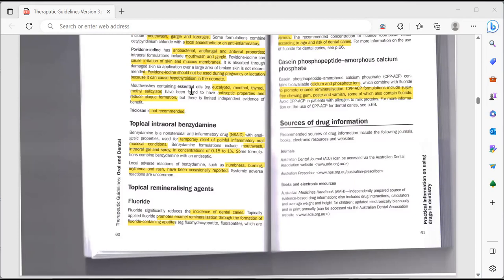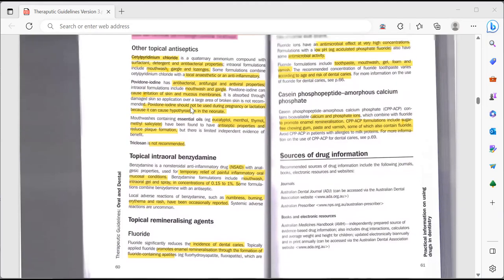Okay, mouthwashes containing essential oils like eucalyptus, menthol, thymol, methyl salicylate have been found to have antiseptic properties, and they also reduce plaque formation, but there is limited independent evidence of benefit. And triclosan is not at all recommended.